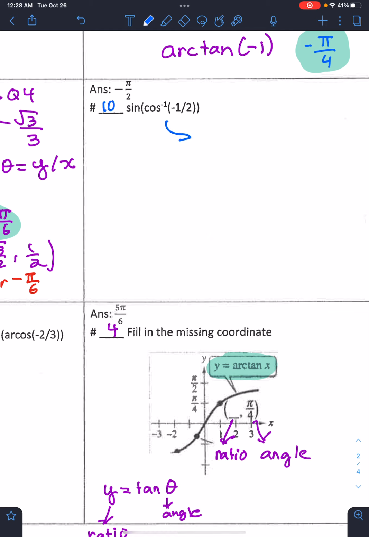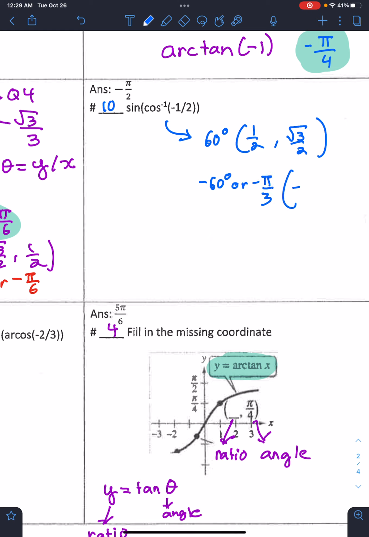So when is cosine negative? So we know that I said it was 60 degrees. It's square root of 3 over 2 and 1/2. And we said that instead of 60, we said negative 60 degrees or negative pi over 3.